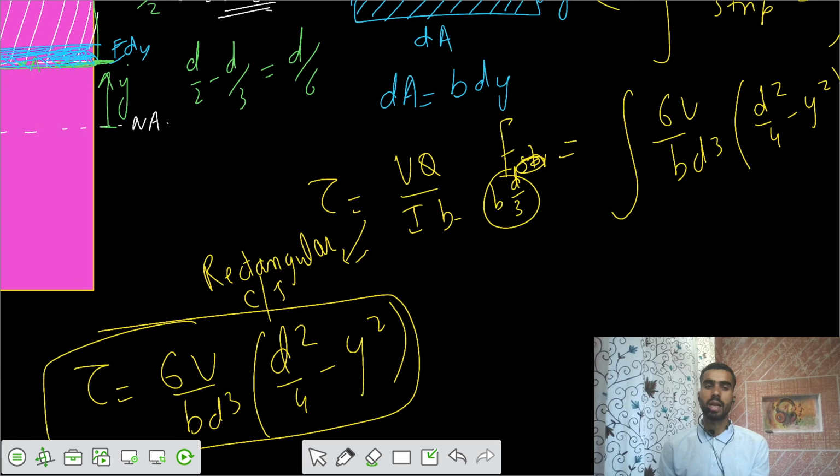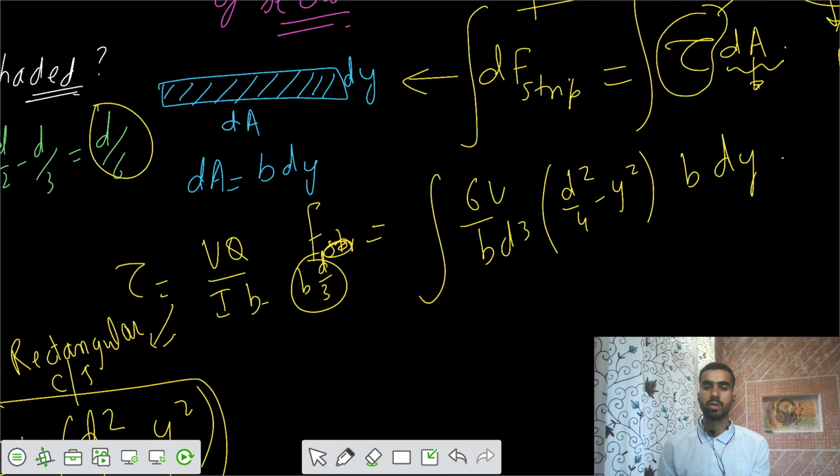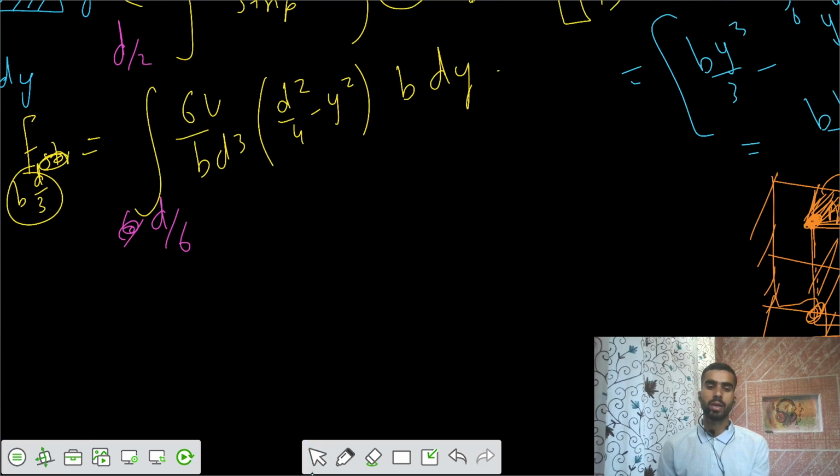The limits of that area: your area is only this part, so you want to say how much force it resists. Your limits are y going from d by 6 to d by 2. Now you have to solve it and calculate the values.